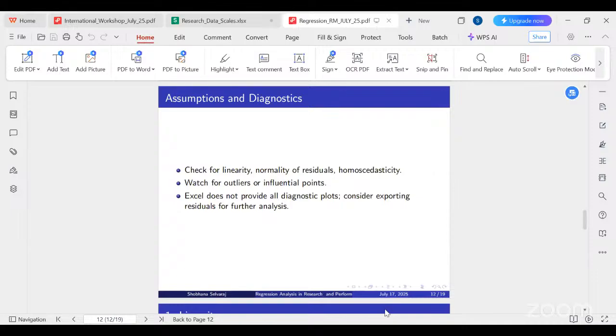To ensure that your conclusions are reliable, if the following assumptions are satisfied, it would be a very good model. Assumptions like checking the linearity, normality of residuals, homoscedasticity, and finding the outliers. This can be done by different diagnostic plots, but the limitation of Excel is that it can't provide all these diagnostic plots.